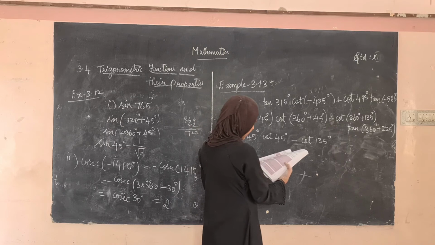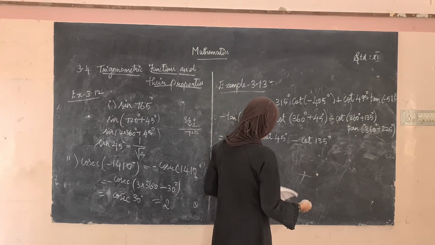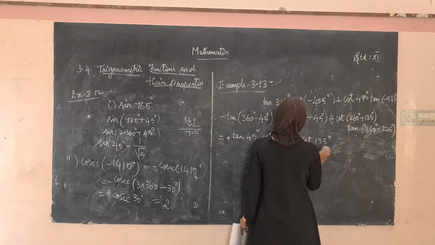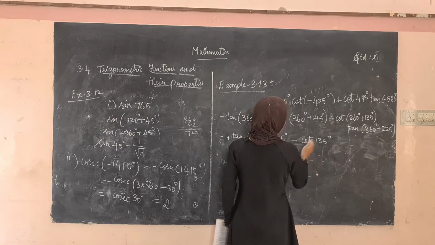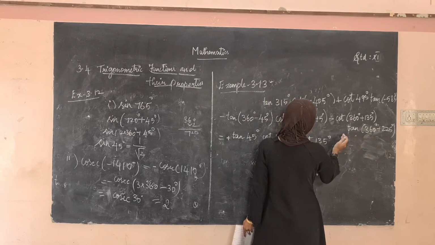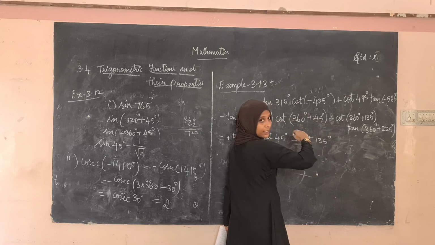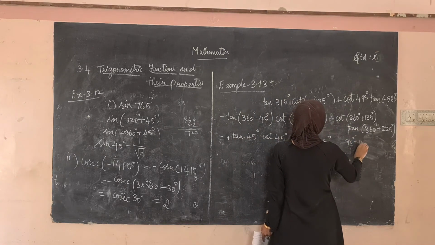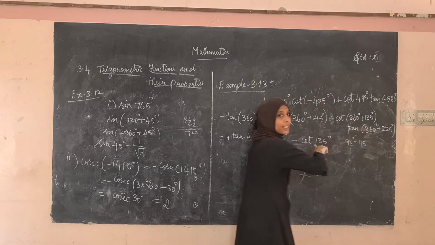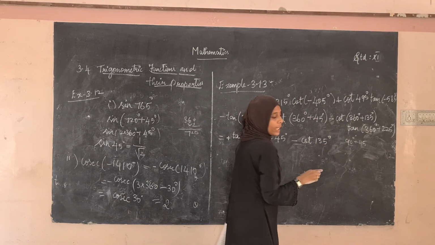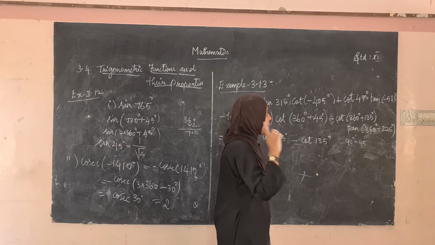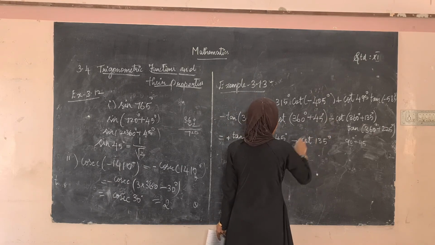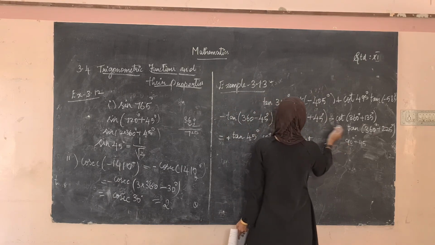So, 360 plus 135 lies in the second quadrant because this 135 can be written as 90 degree plus 45. It lies in the second quadrant, right? So, second quadrant means all students, only sin is positive, here it is cot, therefore 1 minus. So, இதை வந்து 45 directly எழுதிடலாம்.